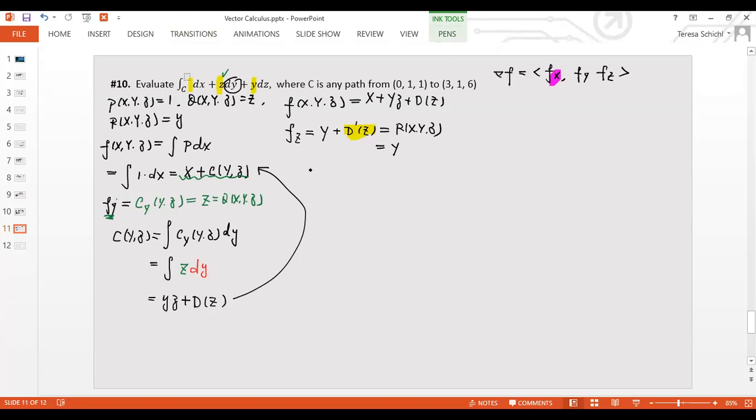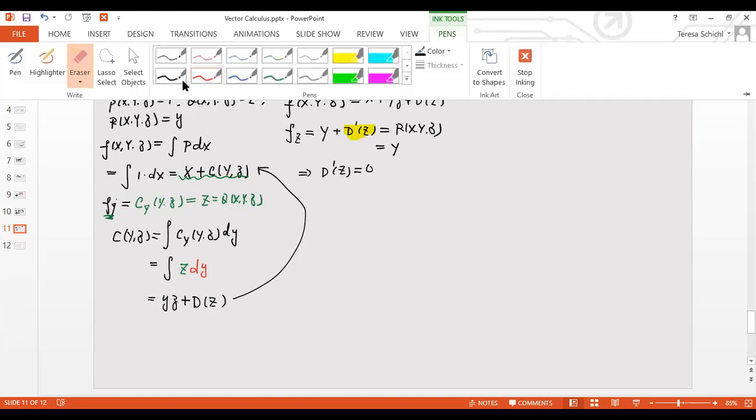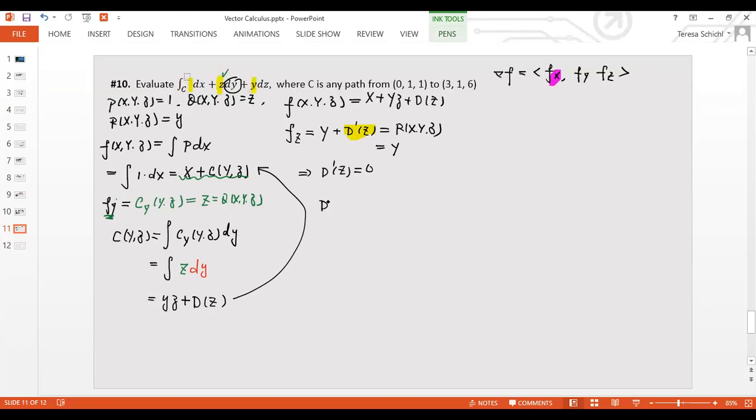So you compare that, and what you have here is d prime z is equal to 0. Okay, so d prime z equal to 0. Now I'm going to get my d of z. Now I can finally find my functions. So the d of z will just be you integrate back d prime z. The d prime z is 0.